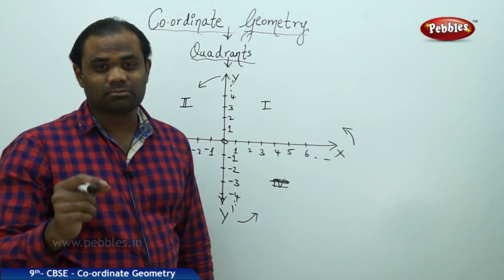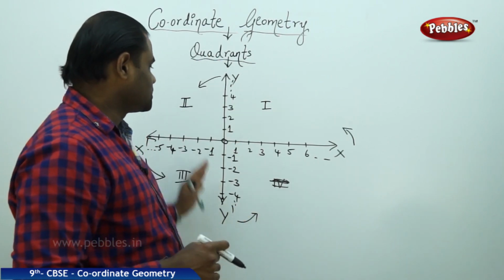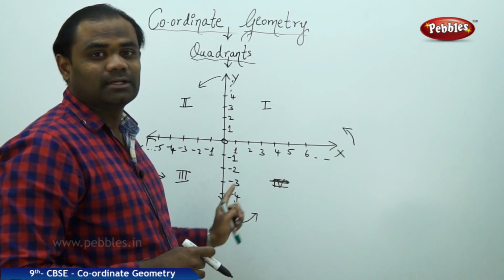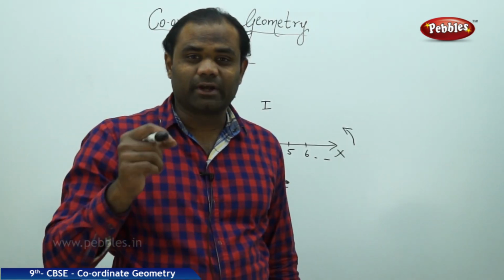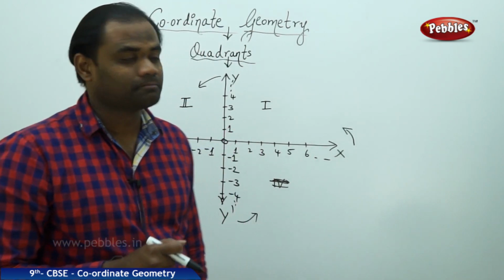Now Cartesian system rule says that we divide the Cartesian plane or the coordinate system plane, the board, into 4 parts, and each of the part plays a vital role in the topic of coordinate geometry.